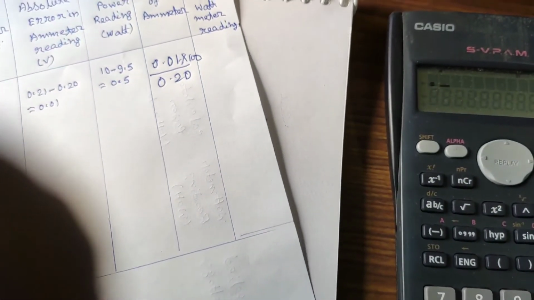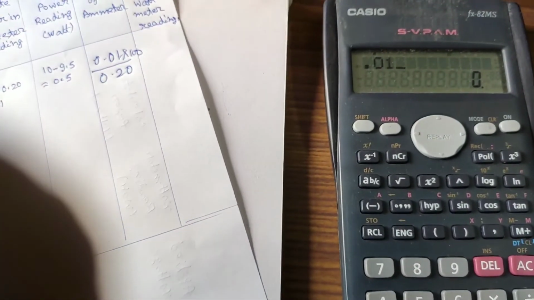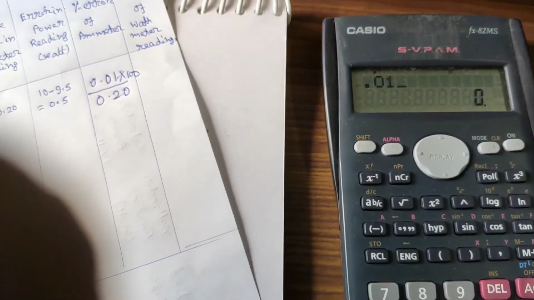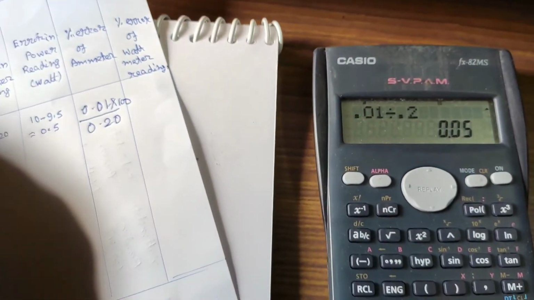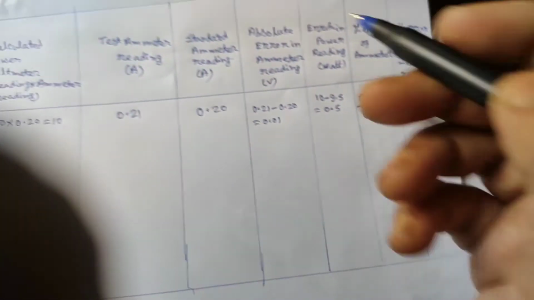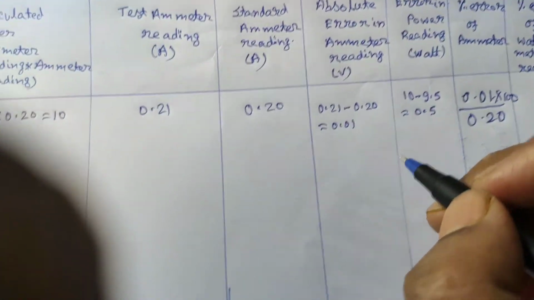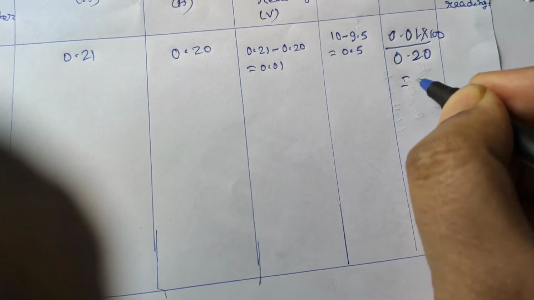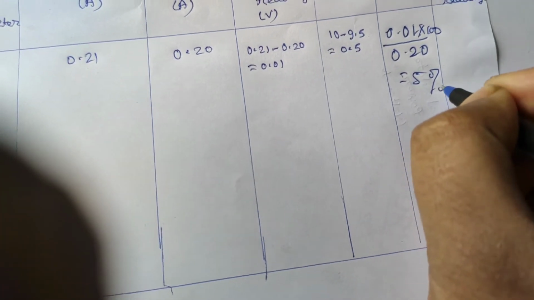So if I do that with the help of our calculator, then we will get 0.01 by 0.2 into 100, that is 5%. So this is 5% error.